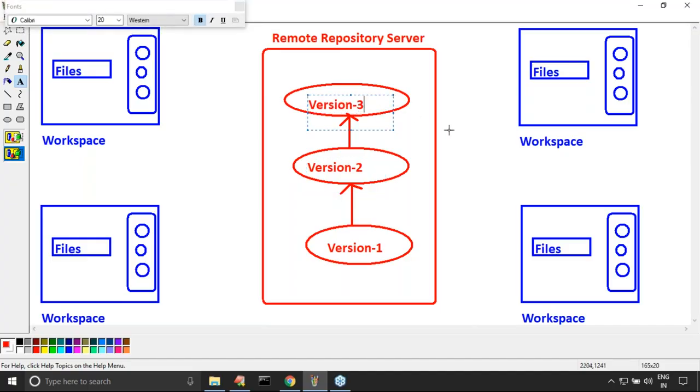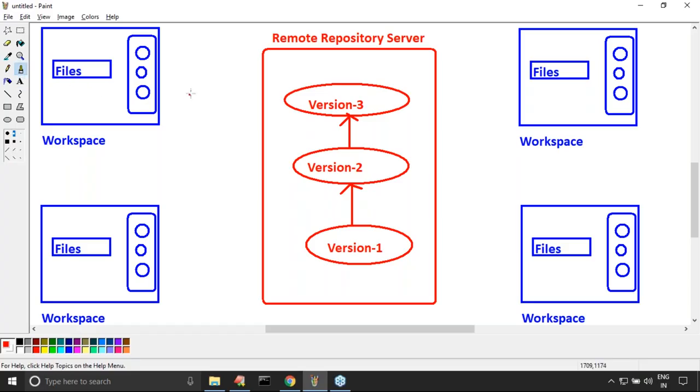Now what I will do is, at the beginning, assume that this developer is a new developer. He is not having anything. What will he do? Can you please tell, which operation will he perform to bring this repository to his workspace?